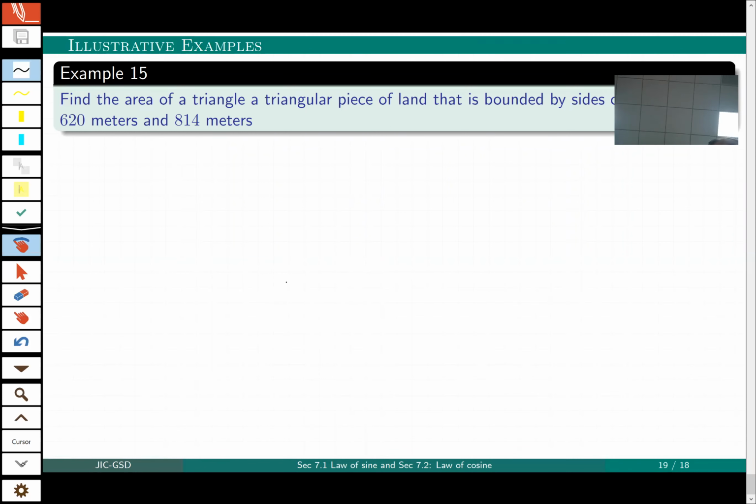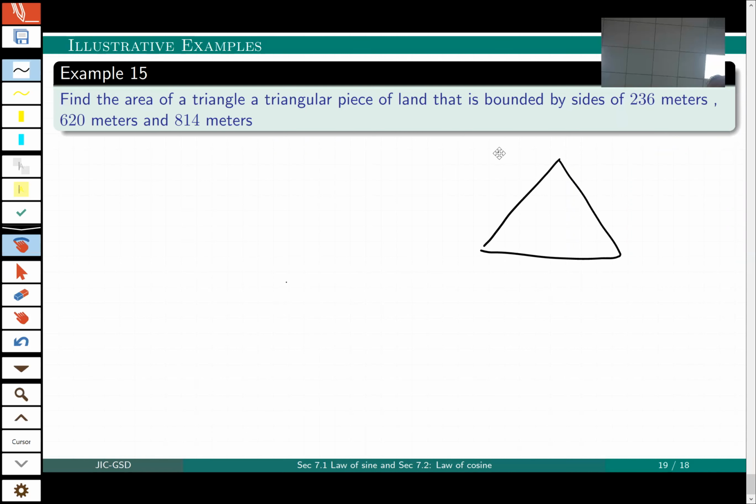The last example in this section, I have an area formula. So it gives me three sides. The first side is 236. The second side is 620. The third side is 814. And he wants to find the area.